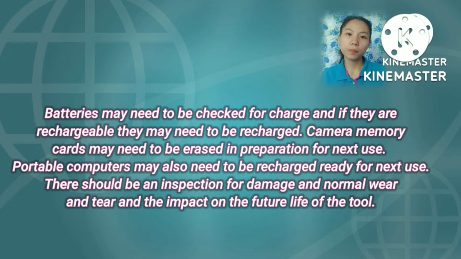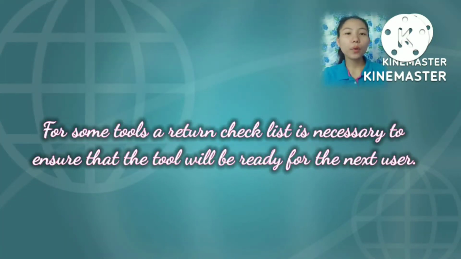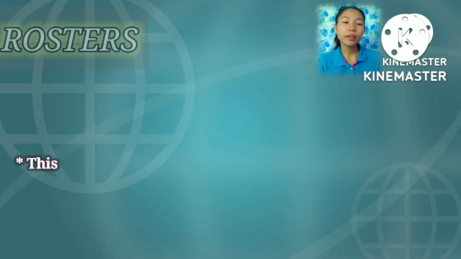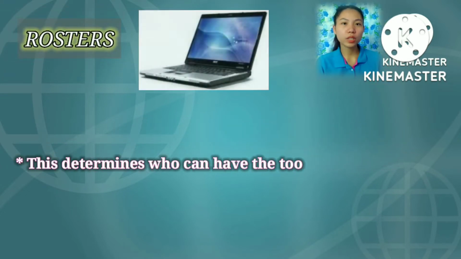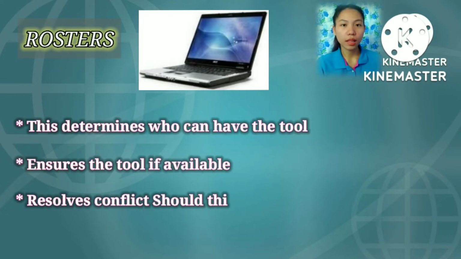There should be an inspection for damage, abnormal wear and tear, and the impact on the future life of the tool. For some tools, a return checklist is necessary to ensure that the tool will be ready for the next user. Rosters determine who can have the tool and ensure the tool is available.